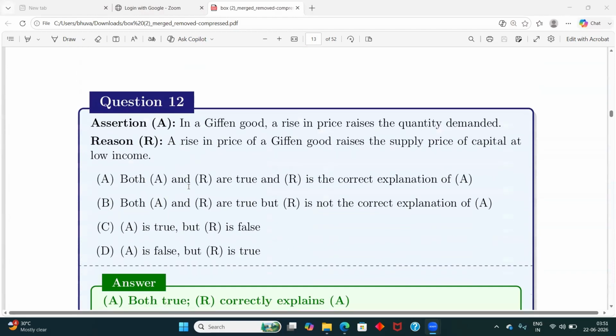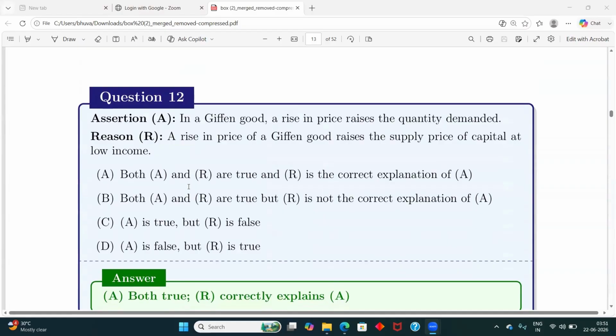Now question number 12. In this question, we have been given an assertion and a reason. Assertion: for a given good, a rise in price raises the quantity demanded. Reason: a rise in the price of a given good raises the supply price of capital at low income.